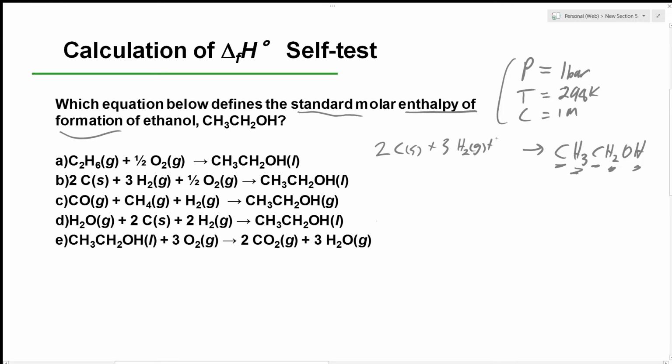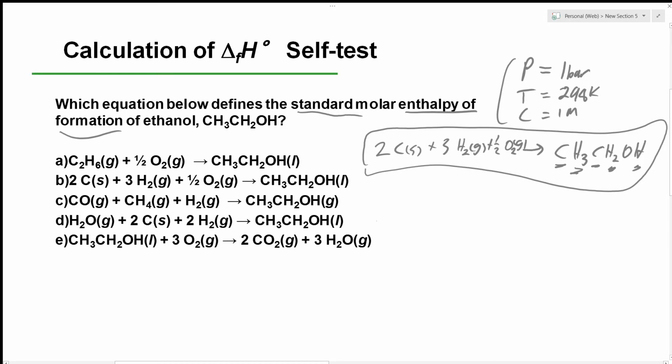We also need 1 atom of oxygen, but oxygen exists as a diatomic gas in its most thermodynamically stable elemental state. So we only need 1 atom of oxygen, so we need to add half an oxygen molecule. So this represents the standard molar enthalpy of formation of ethanol.